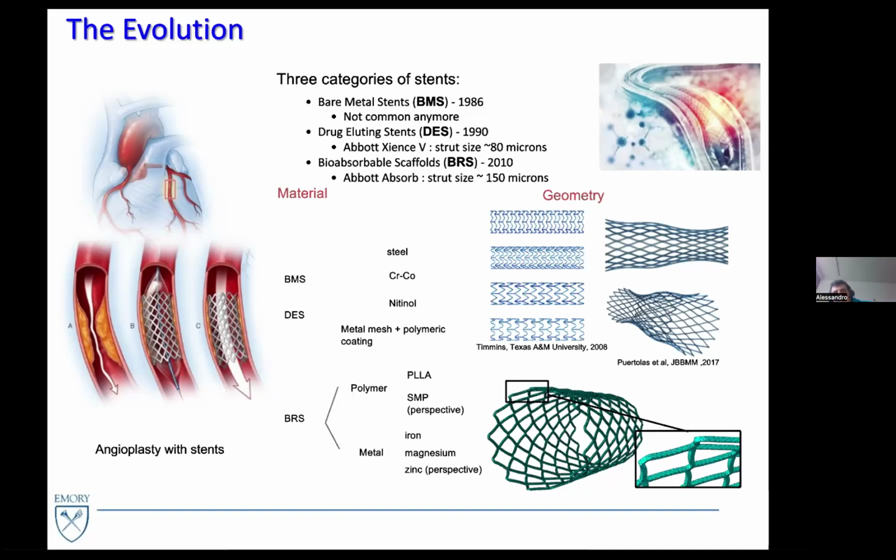Of course, if the disease is chronic, this is supposed to remain in place. But for an acute syndrome like an acute occlusion due to some non-permanent reasons, having a stent forever is not good. And this was supposed to be the great solution: a stent made of material that can be absorbed by the body.